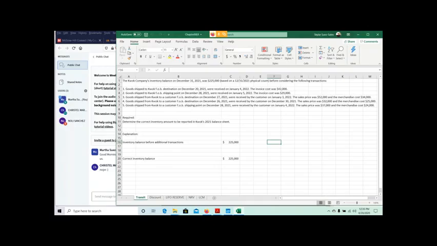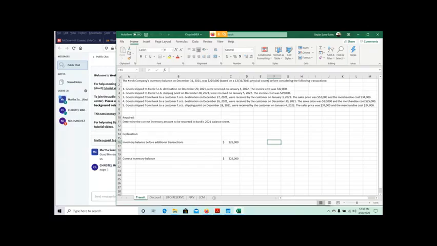So we're trying to determine the proper amount of our ending inventory. Ending inventory as of December 31st, 2021 was 225,000, before considering any of these transactions or adjustments. On number one, goods were shipped to Quark FOB destination.